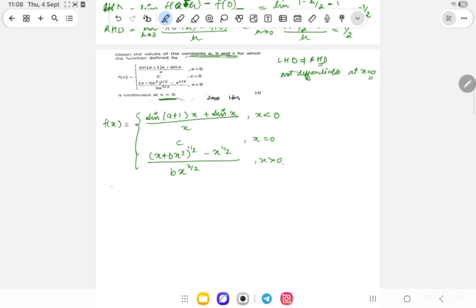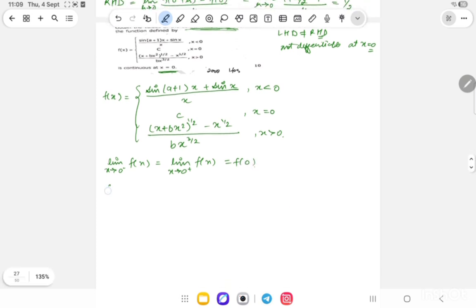Since the function is continuous at x equals 0, the limit as x approaches 0 from the left of f(x) must be equal to the limit as x approaches from the right of f(x), and that must be equal to f of 0. So my f of 0 is c. This I got from continuity at x equals 0. My left hand limit will be the limit as x approaches 0 of sine (a plus 1)x plus sine x by x.